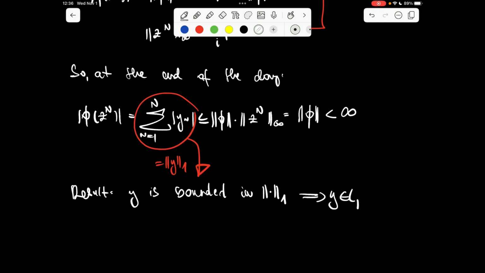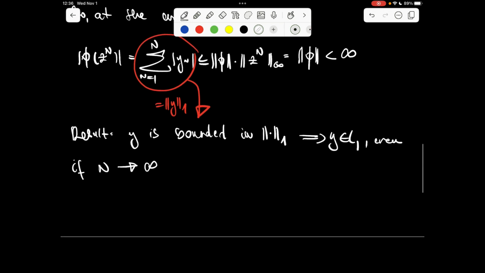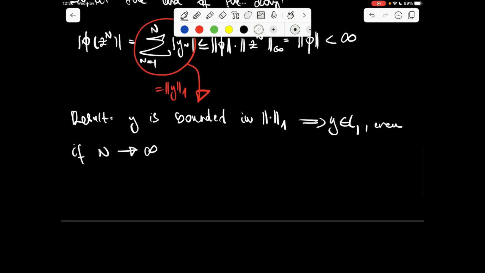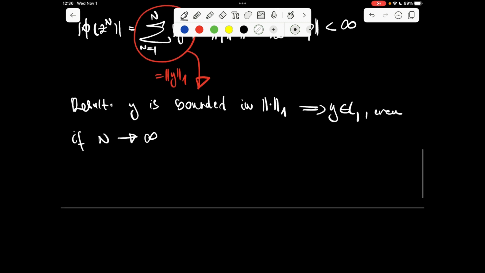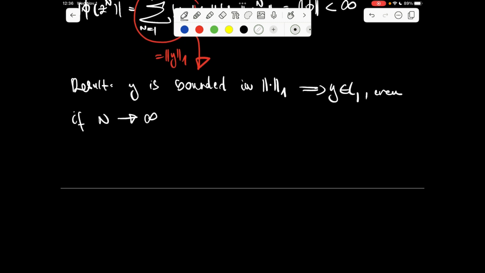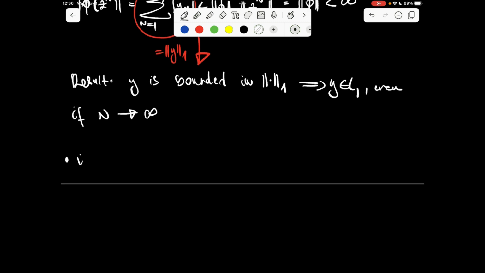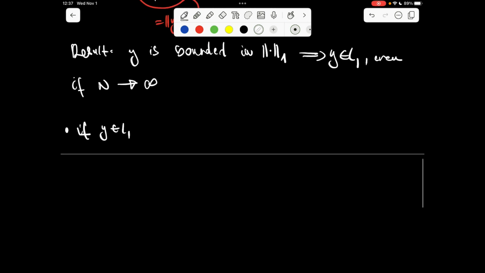And it is also true even if n goes to infinity. Okay, this is the first thing we needed to check, and the second thing we need to check is if y lies in L1, then we need to check if it defines a continuous and bounded linear functional phi.